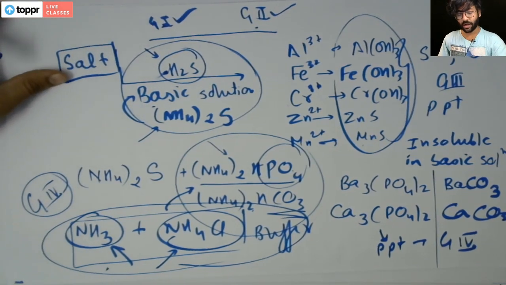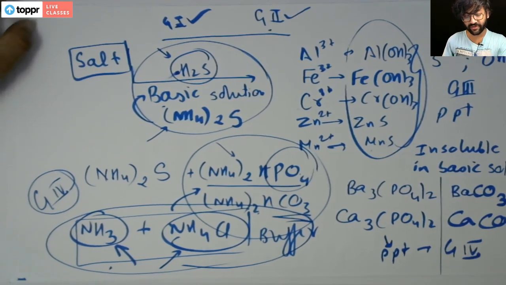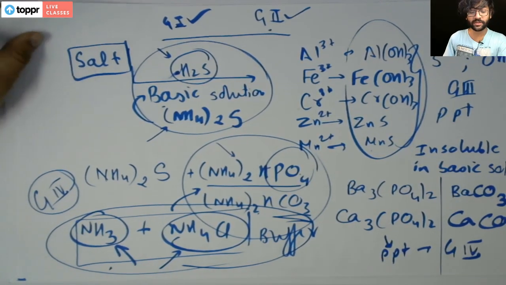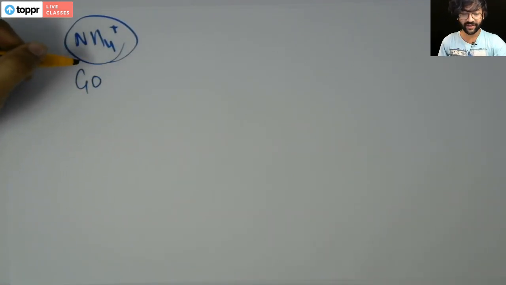Now what happens if you tested for group 1, group 2, group 3, group 4, but you did not find anything anywhere? Then there is a possibility of group 0, that is the ammonium salt. This ammonium salt belongs to group 0, and how do we identify that?